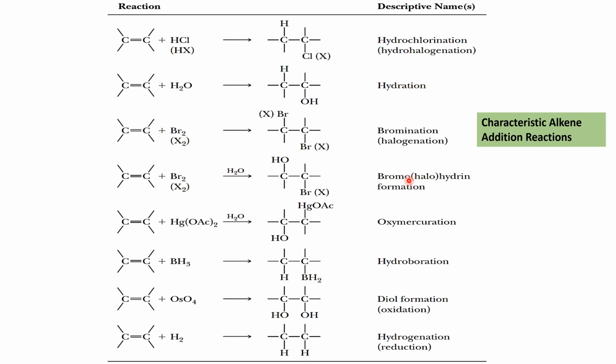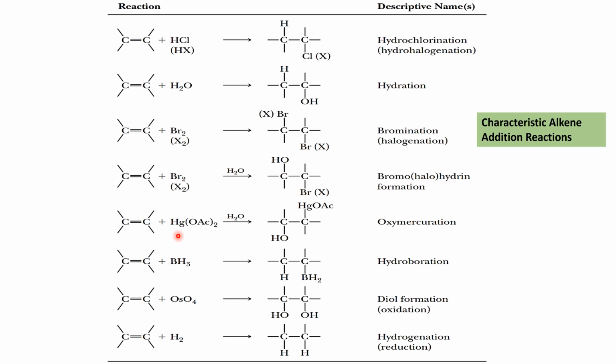Halohydrin is a term we use when there is a hydroxyl and another atom attached, so halohydrins are products with one halogen and one hydroxyl group attached. So here this is the bromohydrin formation, where the bromine has added to the alkene and the hydroxyl has added to the alkene, and the byproduct will be the acid which is removed in the form of HBr.